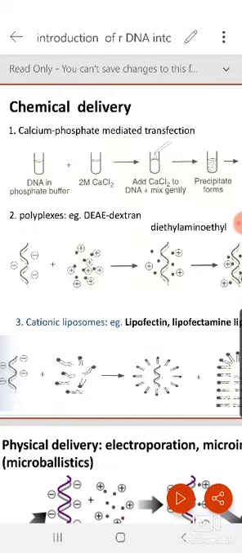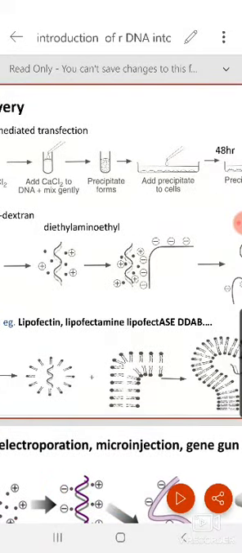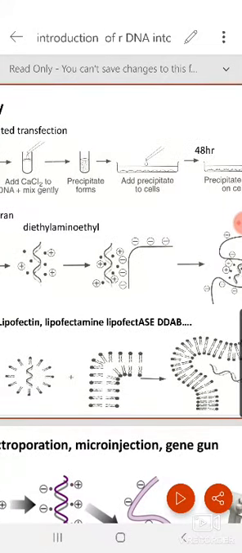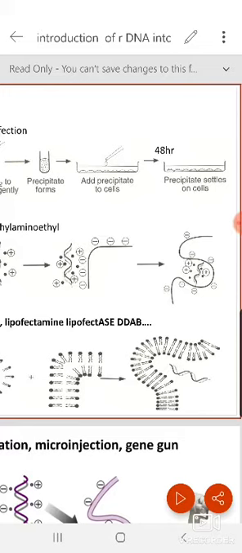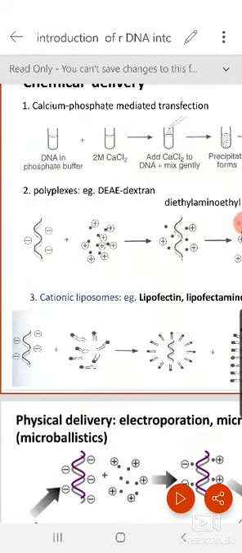Mix these two things gently, and then add the precipitate drop wise onto our cell line, and we need to incubate for 48 hours in an incubator. Then we need to check the cells for the selection marker, whether these cells have been transfected or not.